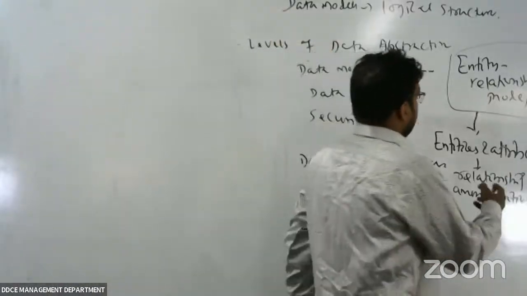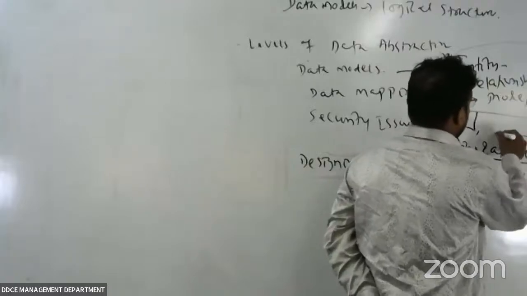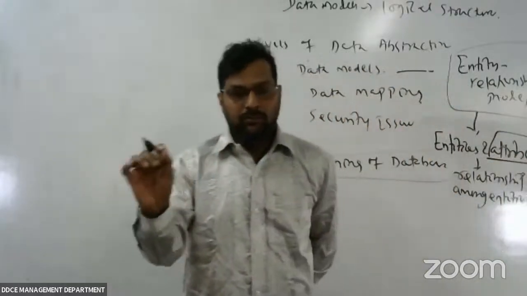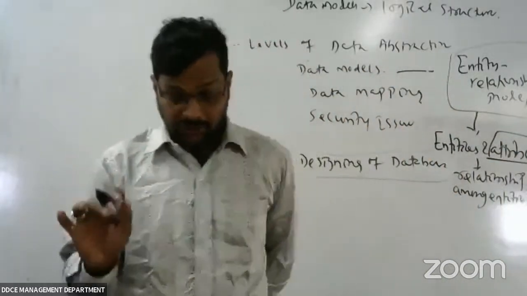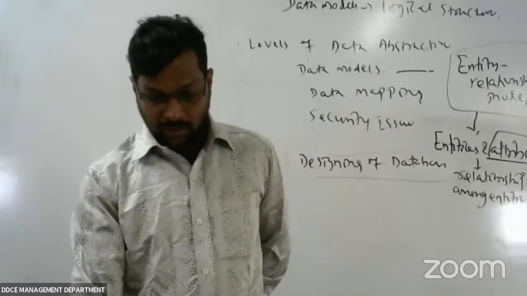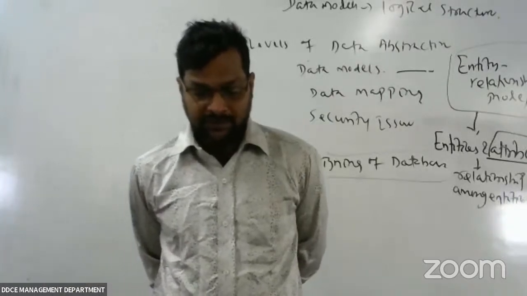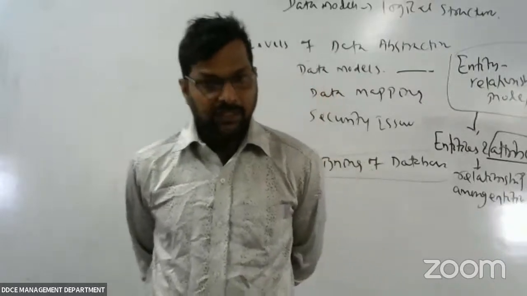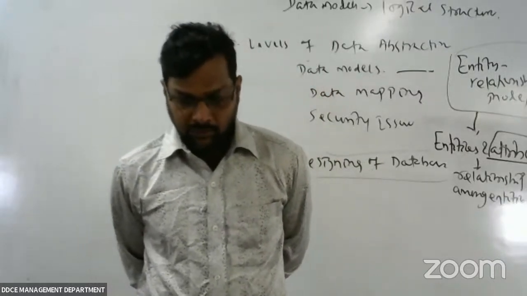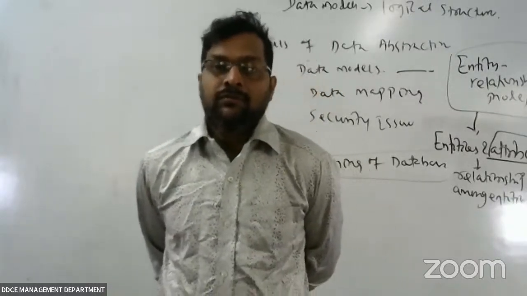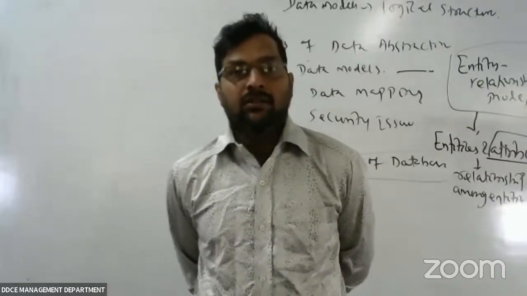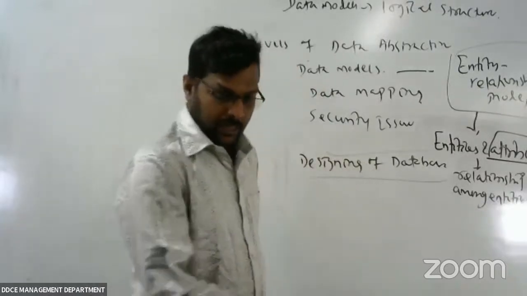Every entity has attributes. For entity student, we have to write the attributes. So this is the definition of entity. For example, in a school database, student is an entity and student has various attributes: name, age, class.